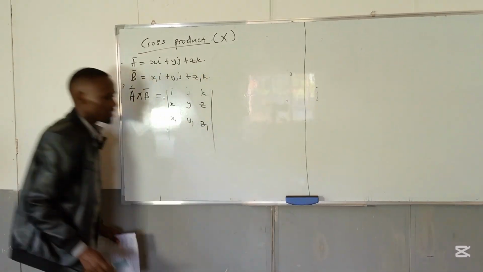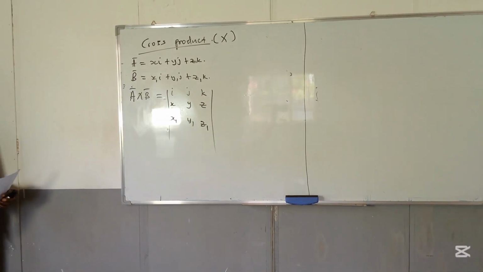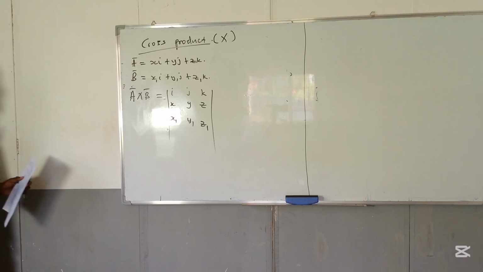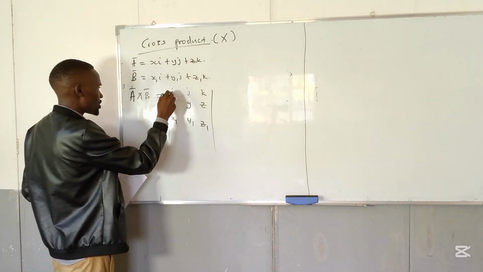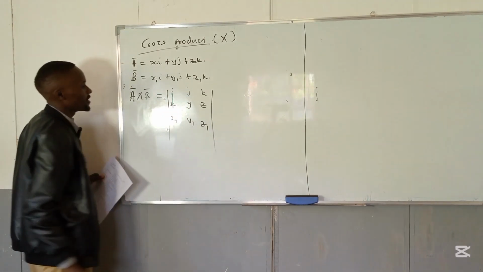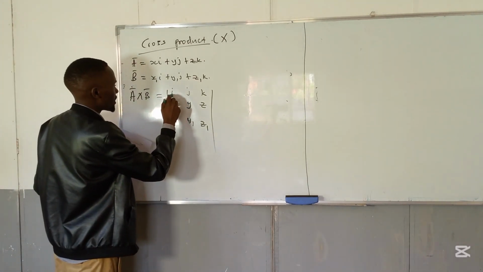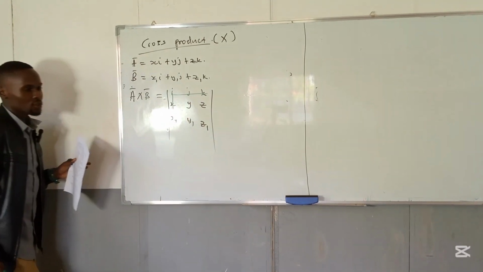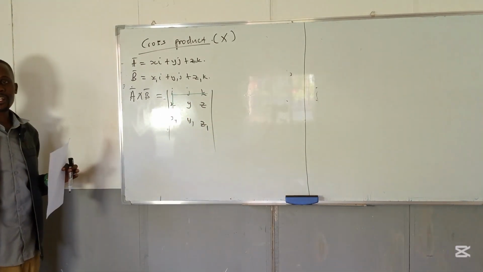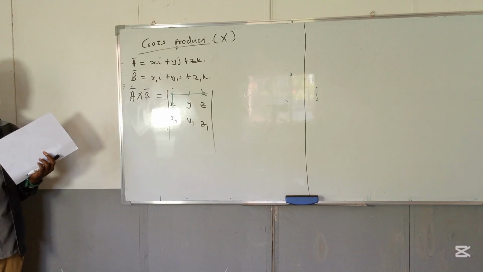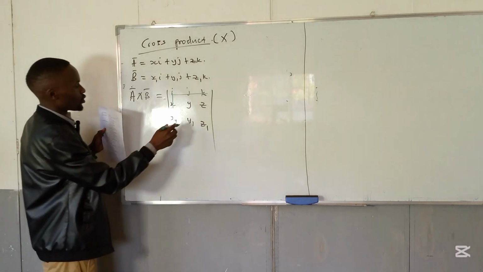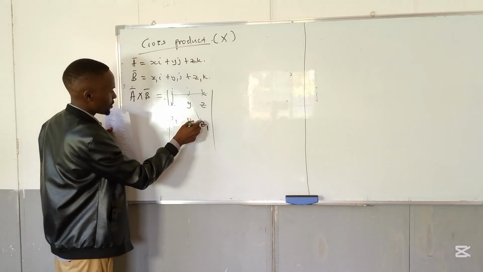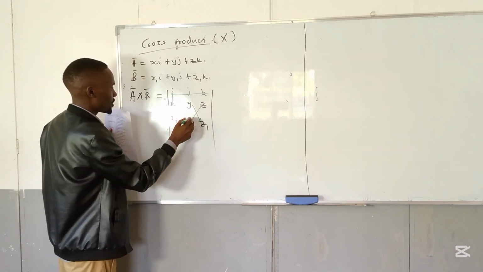Okay. So when we are finding the cross product, if you want to get the value in the I direction, you have to close these values in the I column, and you also close the other part. From there we look for the determinant. I hope you have some knowledge of matrices. When looking for the determinant, you cross multiply this one with this one.